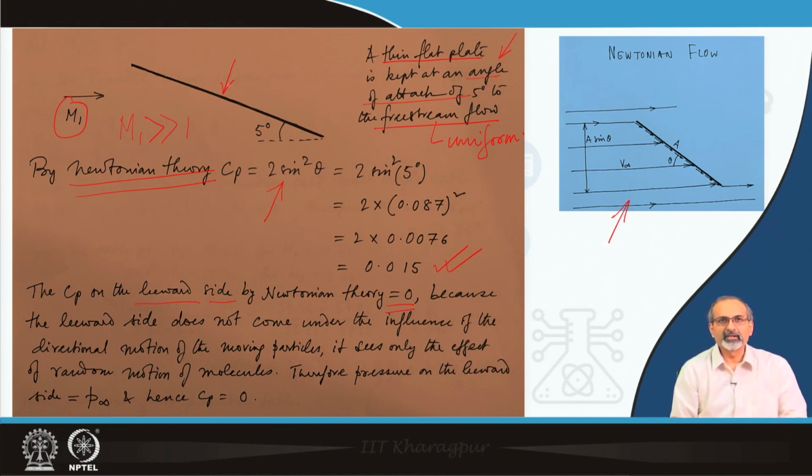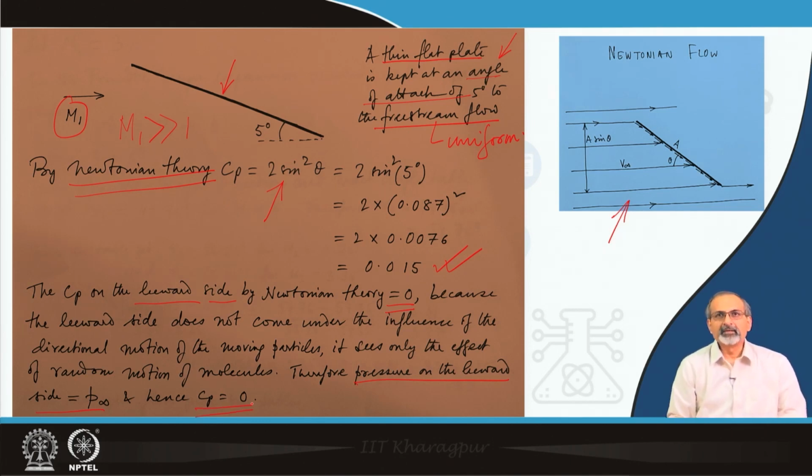It sees only the effect of random motion of molecules, and in the Newtonian theory random motion of molecules will of course not have any significance in the Cp calculation, and therefore pressure on the leeward side in terms of the Cp will go to 0.